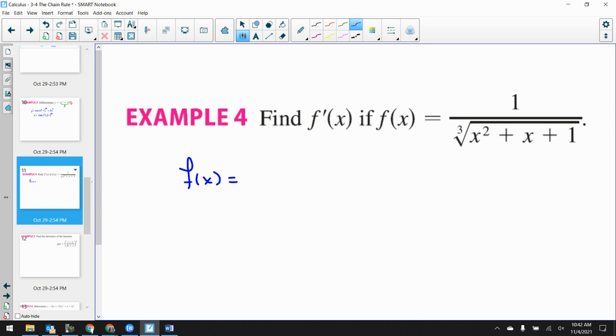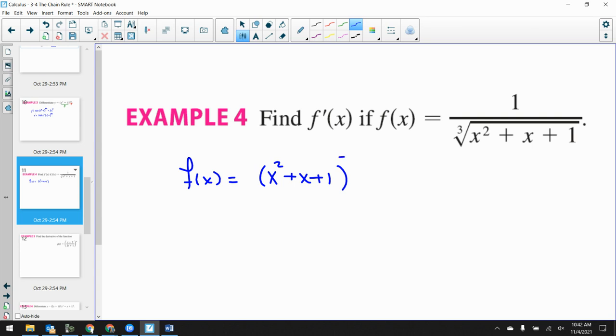So this is like saying, how do I want to write this? x squared plus x plus 1. What would be the final power on that if I just wanted to bring it back up top and then take the third root off of it? Well, bringing it back up to the top, I would have to do a negative power, right?